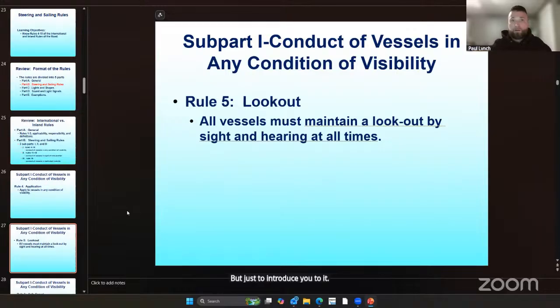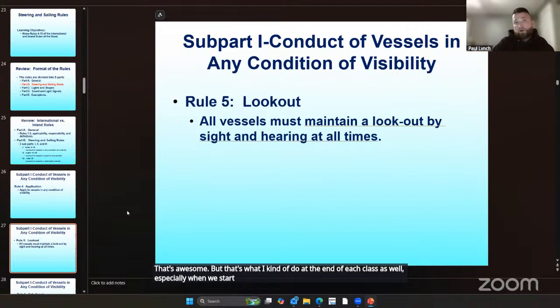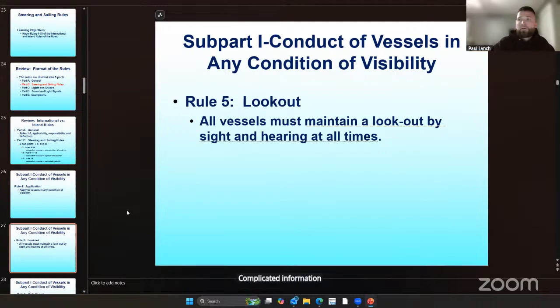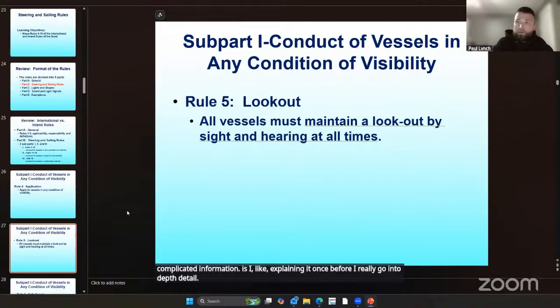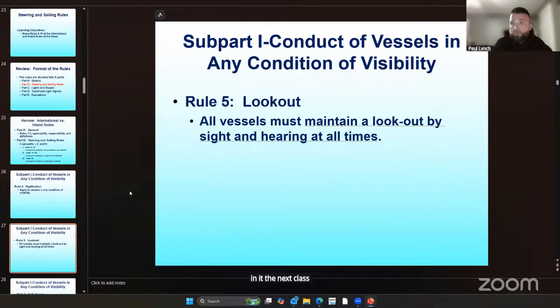So when I start going over it again on Thursday, even if a little bit of it sticks from what I explained today, that's awesome. That's what I do at the end of each class, especially when we start getting into more complicated information: I like explaining it once before I really go into depth in the next class. That really helps out a lot.